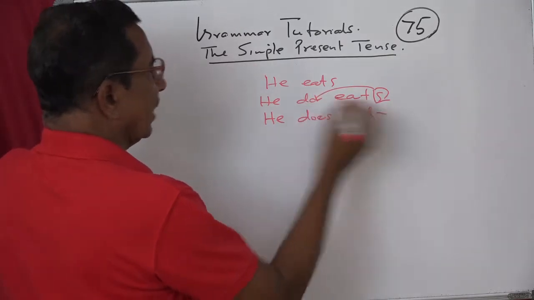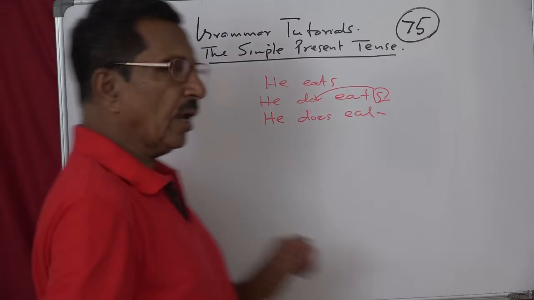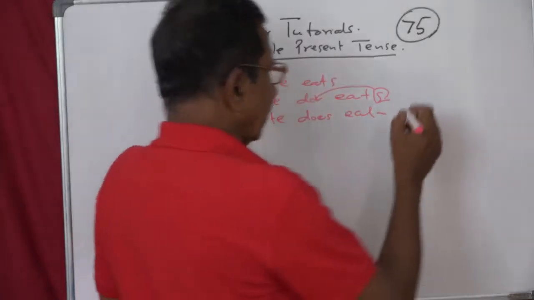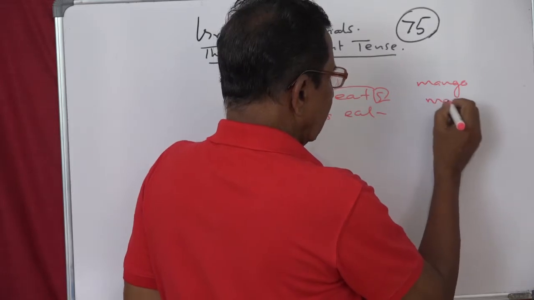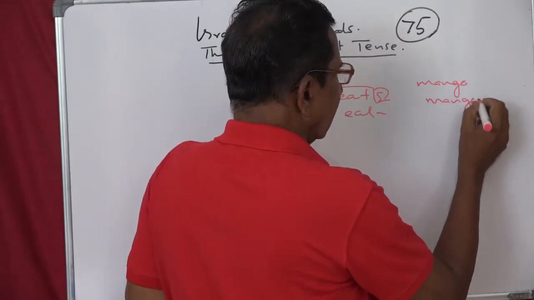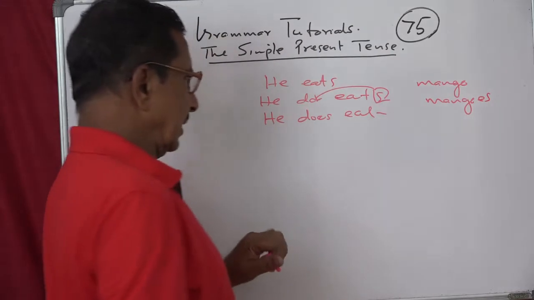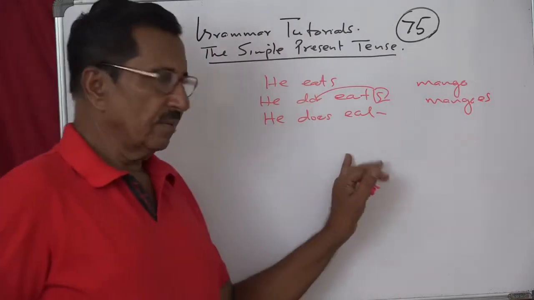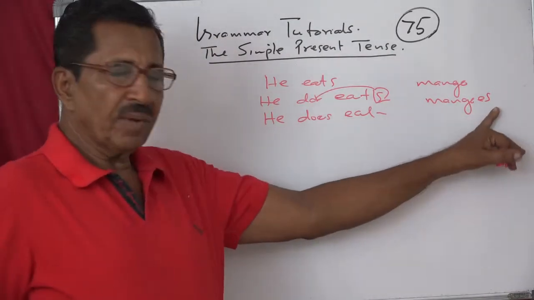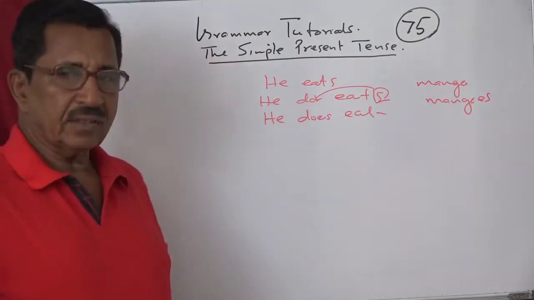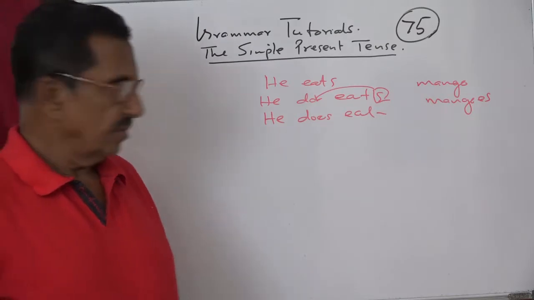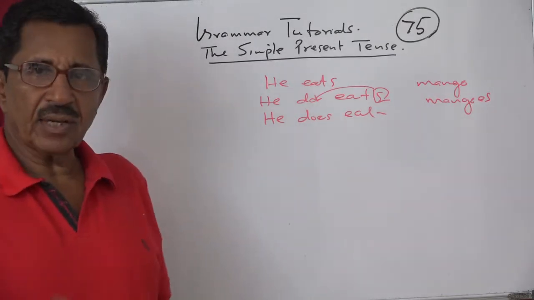E is a spelling, just as in mango, mangoes. When you add S, it becomes mangoes. So when you add S here, do will become does, DOES.